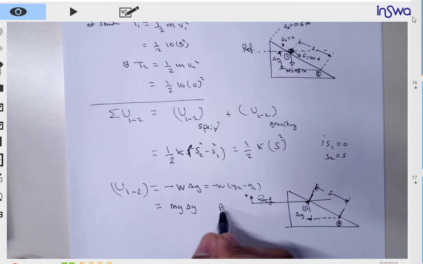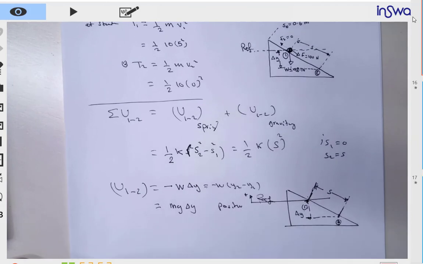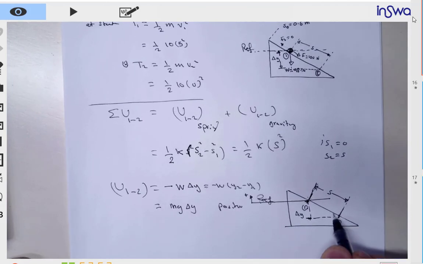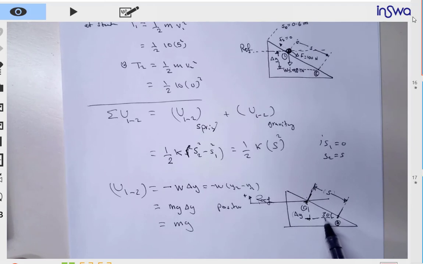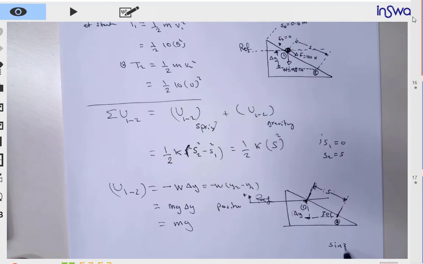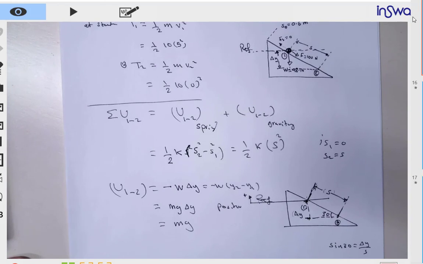Delta y is a positive value no matter what you do. The angle here is 30, and this distance is s. We want to calculate for s and remove anything that relates to delta y. So this is equal to mg. Now sine 30 equals delta y over s, therefore delta y equals s sine 30.